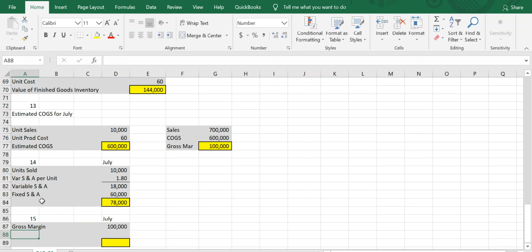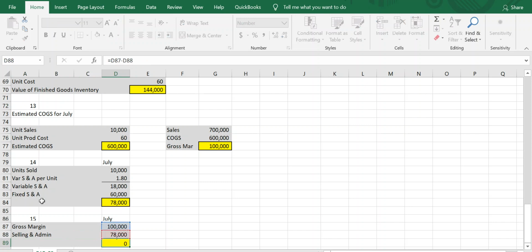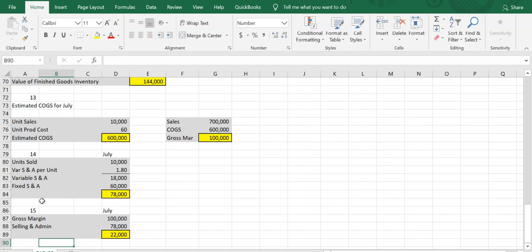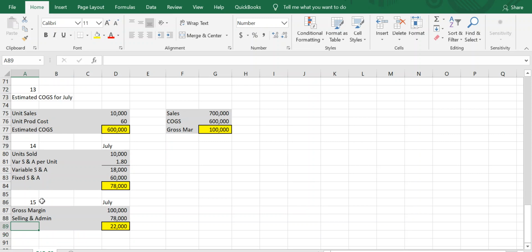And we're going to deduct selling and admin expense, which is 78,000. We get a total then net profit or net operating income, I prefer that. Net operating income of $22,000.